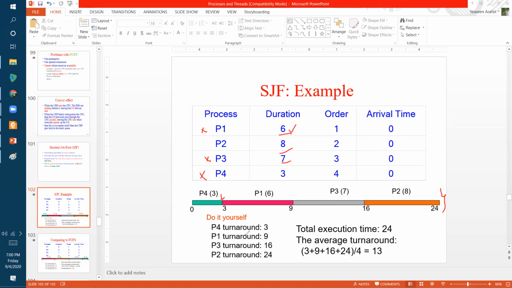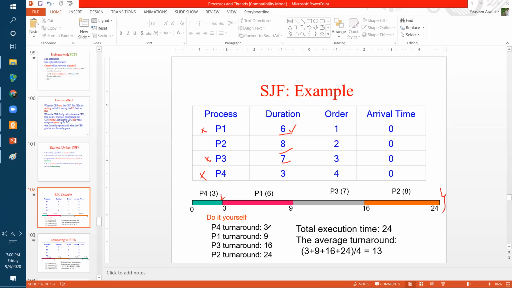Now, what are the turnaround values for this? We know that end time minus arrival time, the submission of a job and the end of a job, is the turnaround time of a process.